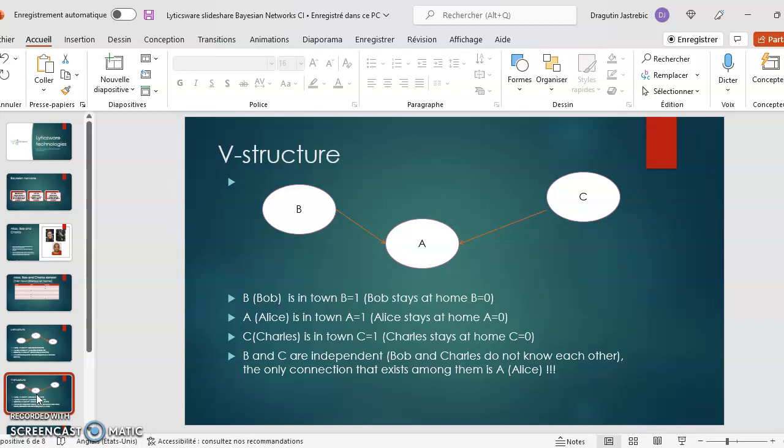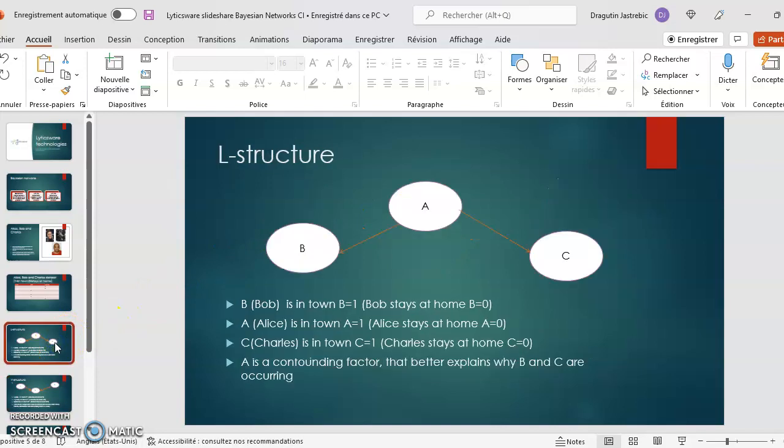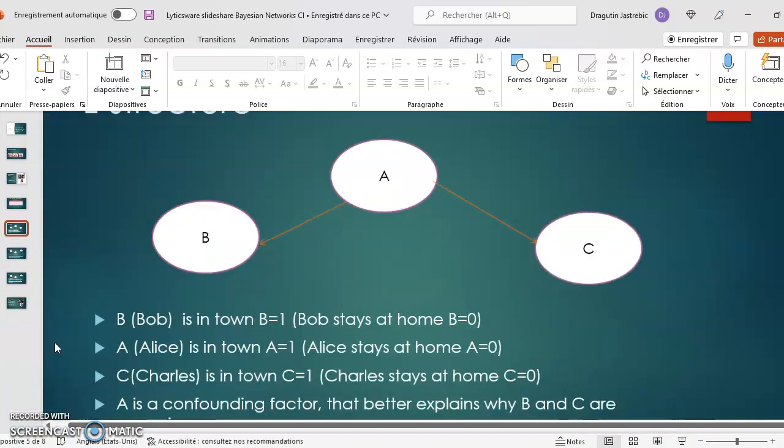So if you analyze data about Bob and Charles and you do not take Alice into account, you will again see some correlation, but the main reason for that is the presence of Alice. So Alice is making a connection between two variables, and as in the case of the L structure, Alice is a confounding factor.